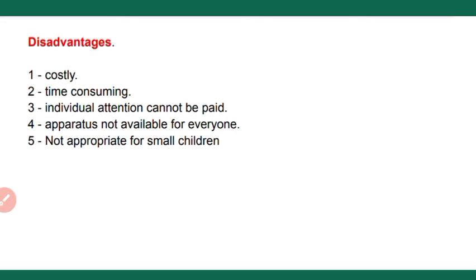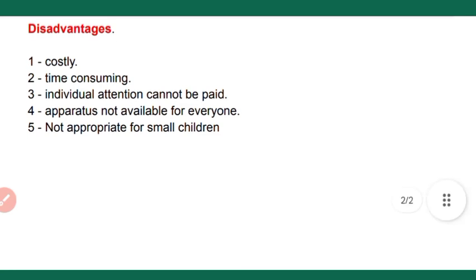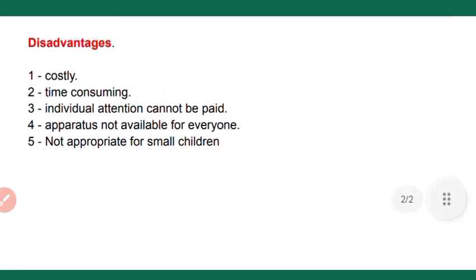Second, time consuming, because teacher has to do experiment for each of the group. Suppose if teacher is dividing the classroom into 3 or 4 groups, then teacher has to give time for each group to show the practical. So it actually takes time.